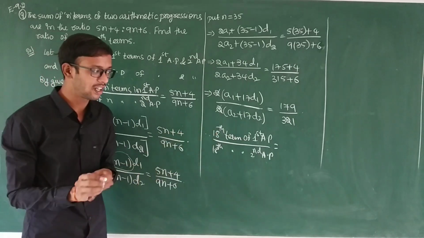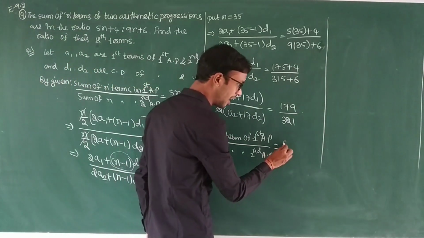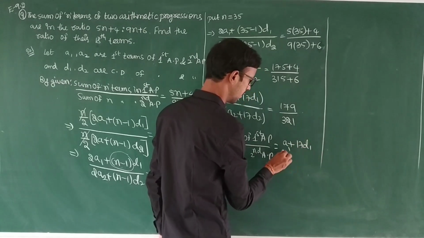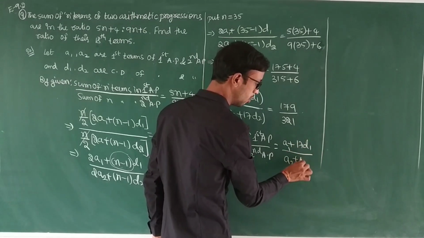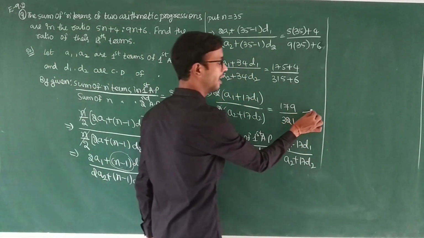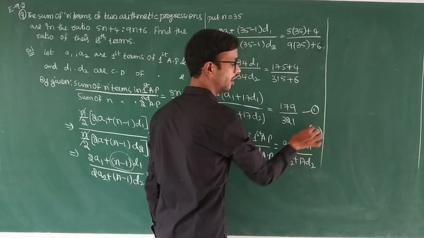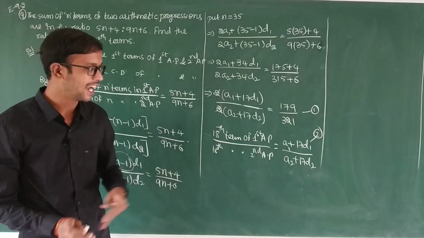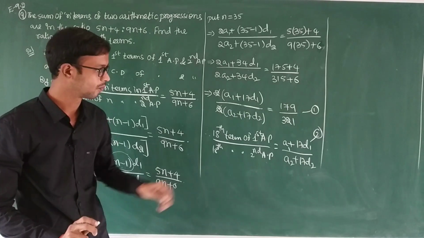What is the 18th term of the first AP? A1 plus 17B1. Second AP, A2 plus 17B2. I am taking this as equation 1 and this as equation 2. Now from 1 and 2, what can we write?